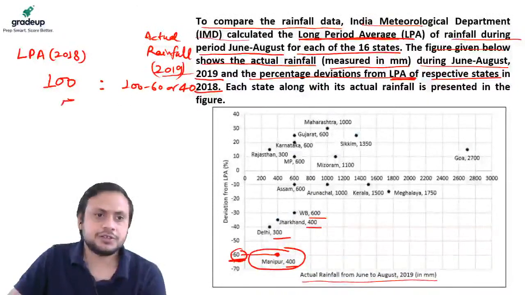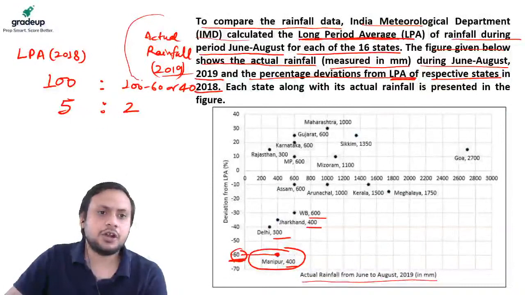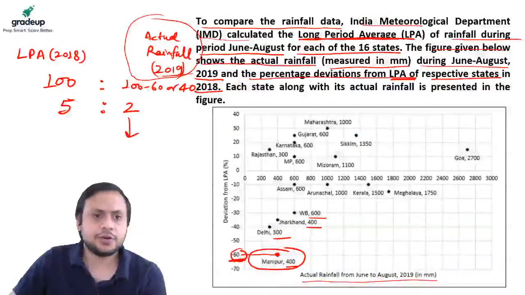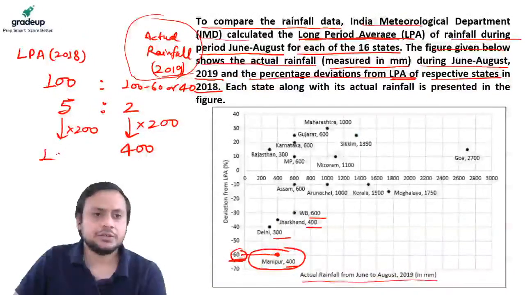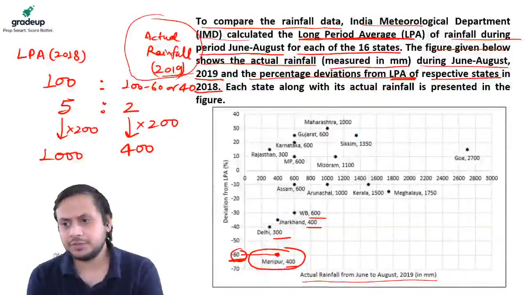So the ratio here is simply 5:2. But the actual rainfall in 2019 for Manipur is given as 400. So if two parts are equal to 400, one part is equal to 200. So LPA in 2018 becomes 1000.